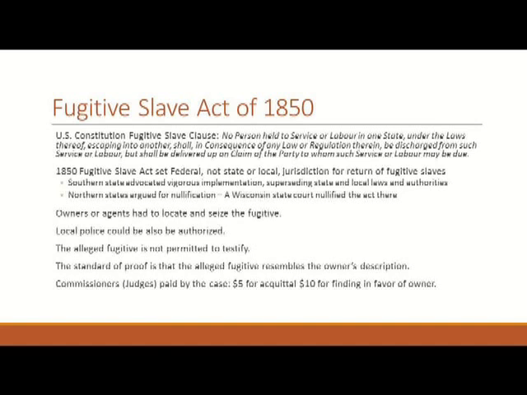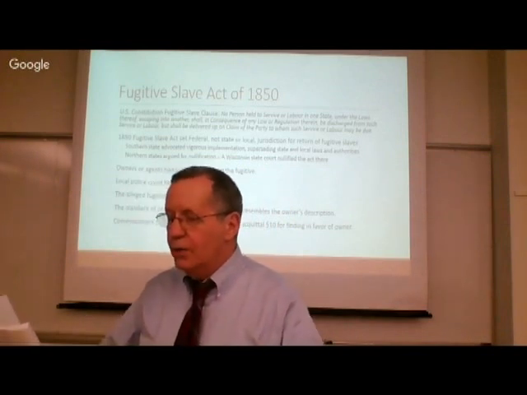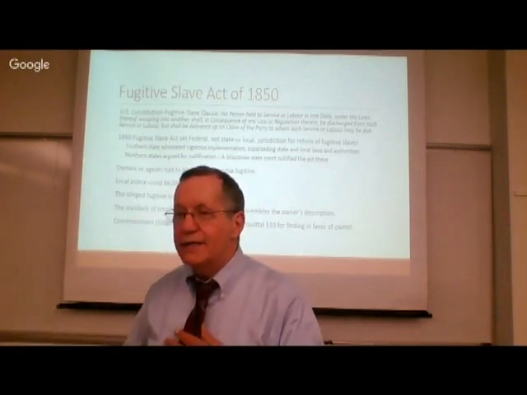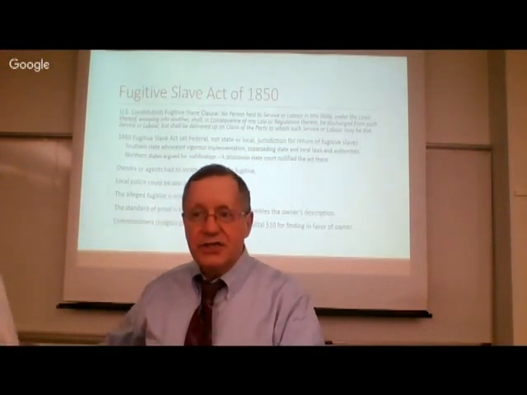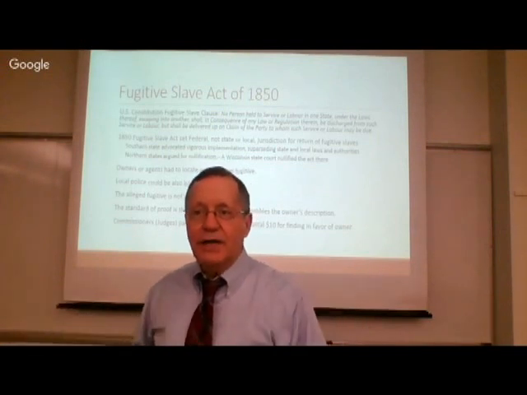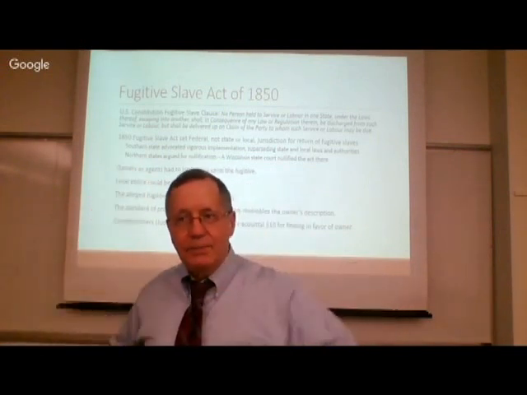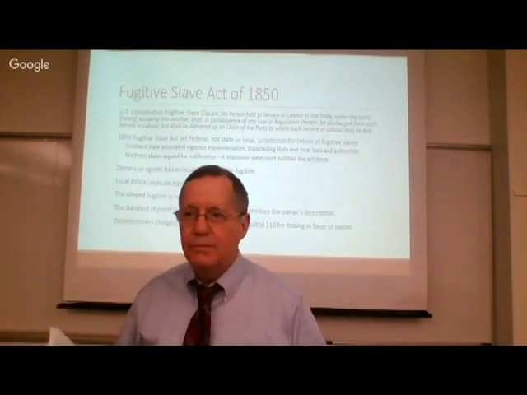Now, the law was very interesting. It required that if a slave escaped from a southern state, came up to the north, came up to New York, owners or agents had to locate and seize the fugitive. In other words, you just sent your private investigator up, and the investigator located and with a couple people seized that person and tied him up in the hotel room.